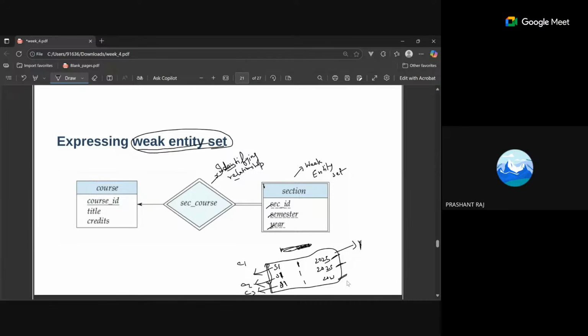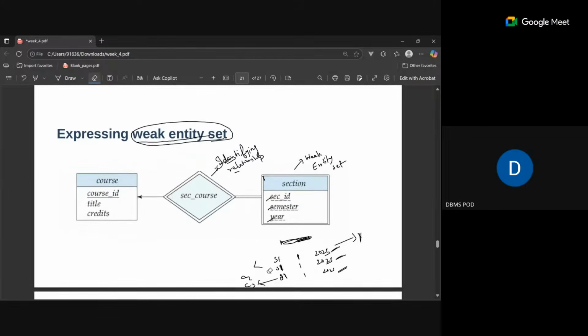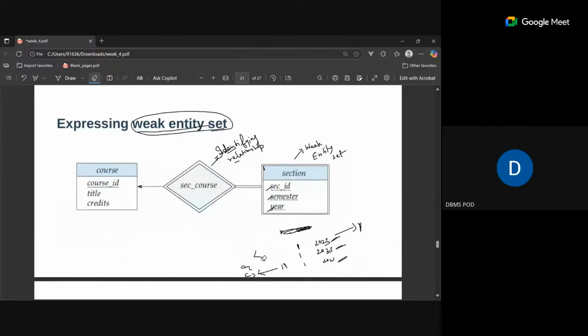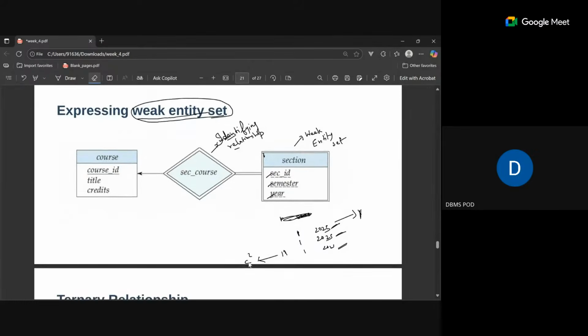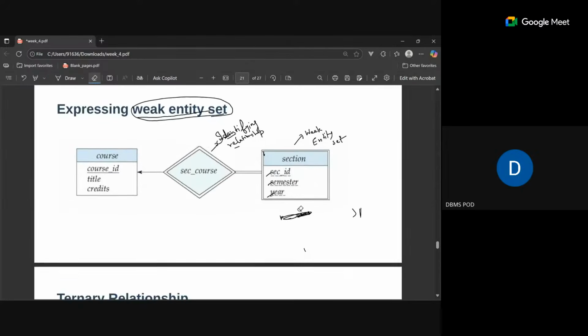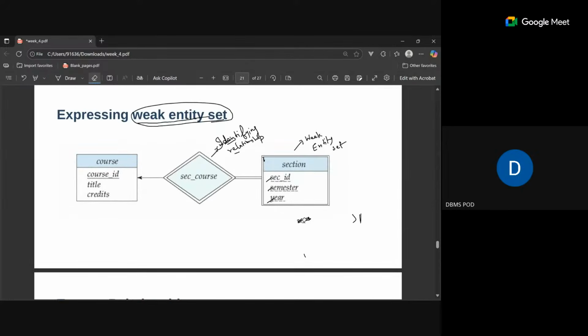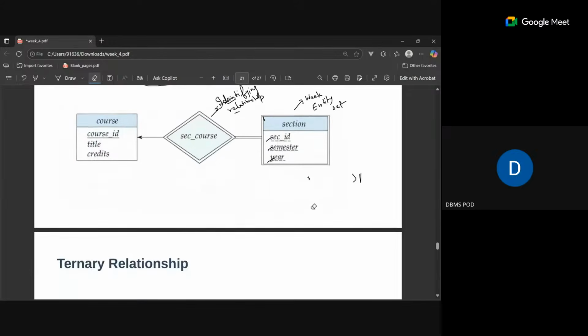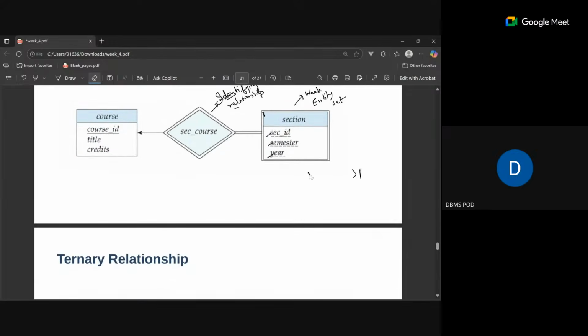So, sir, why would someone design such a table? What is the use of that? That's up to the designing person. Because sometimes if you store all this together, that again becomes messy. There is also some part where you might have to sacrifice performance, which you will see in upcoming weeks.